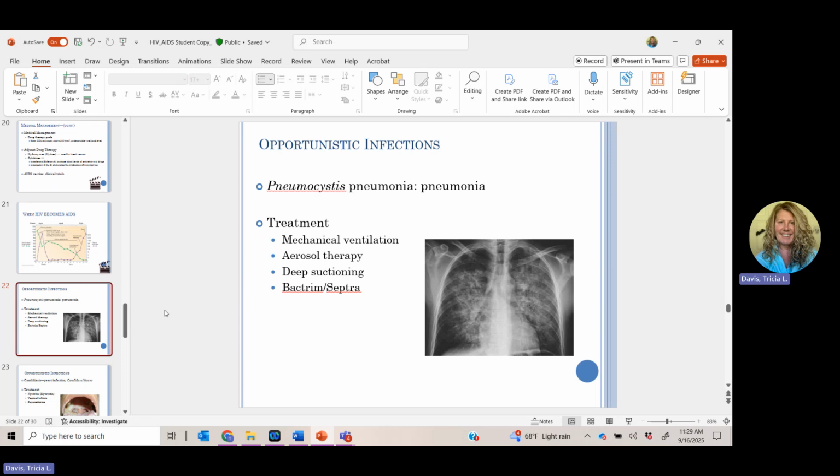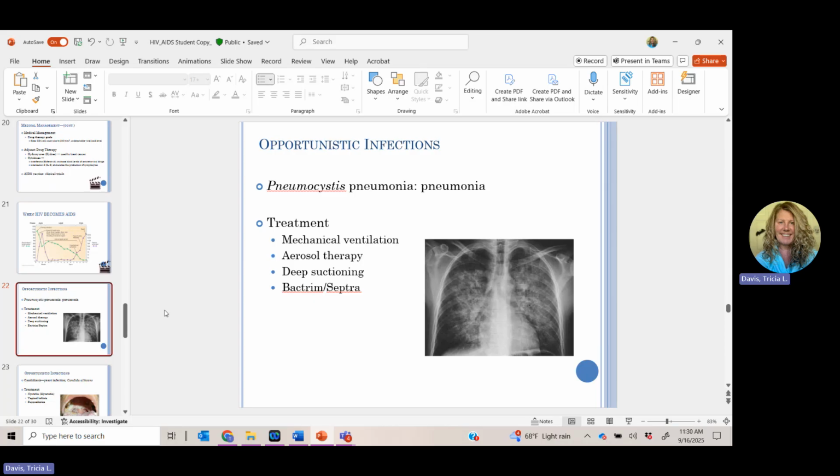All right, so we're going to talk a little bit about these opportunistic infections. So one of the opportunistic infections that we see these patients develop is pneumocystis. So this is a type of pneumonia, okay? Depending on the health of the patient and how severe it is, really is going to depend on how we treat them.